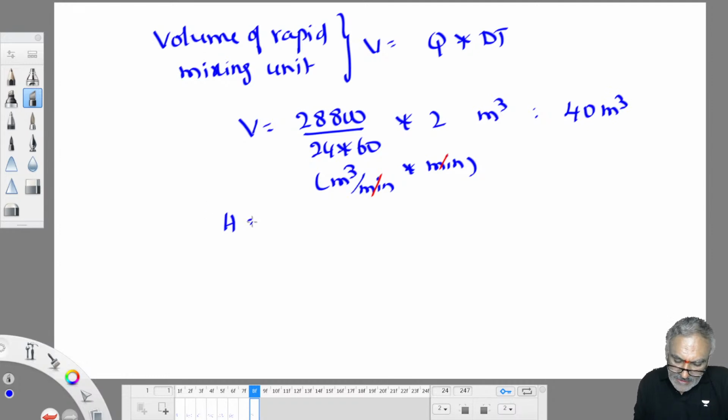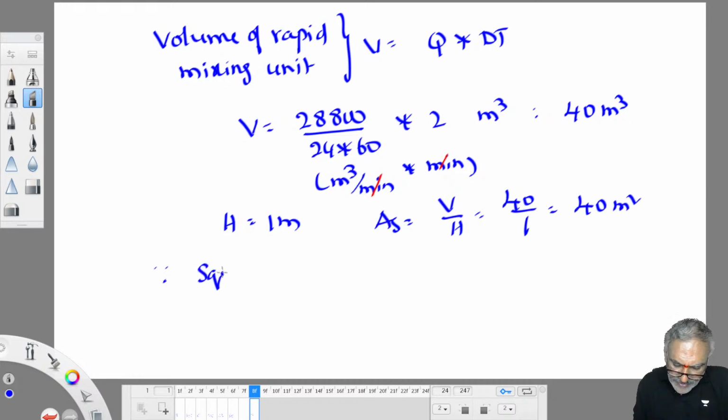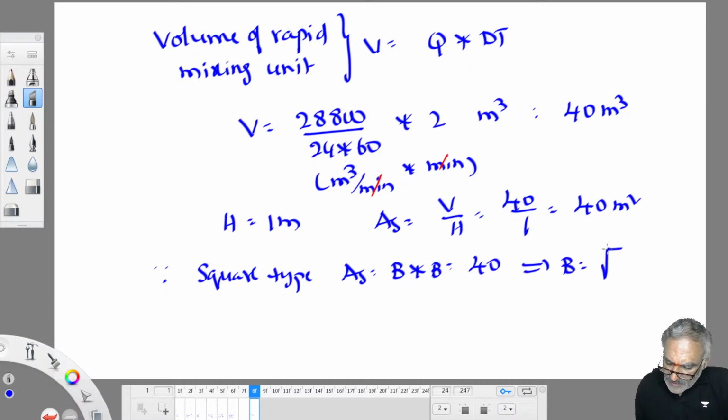Depth is given as 1 meter. Surface area is equal to volume by depth, 40 by 1 is 40 meters square. Since it is square type, surface area is equal to B into B, which is equal to 40. That implies B is equal to root 40, so we have to provide 6.32 meters.